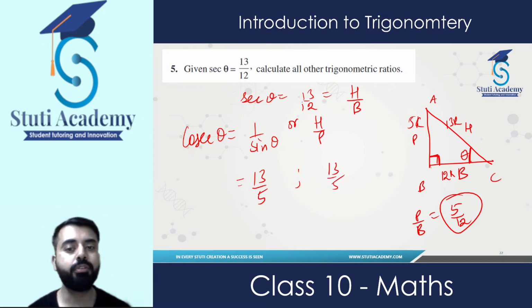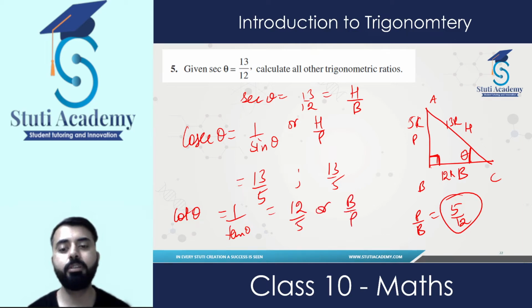In both cases the answer will be the same. And for cot theta, it is 1 over tan theta. That means 12 by 5, or you can say base upon perpendicular, so you will still get the same answer, right? I hope you have understood the case and you don't have any doubt in this question. And I hope you were able to do this sum on your own, right?